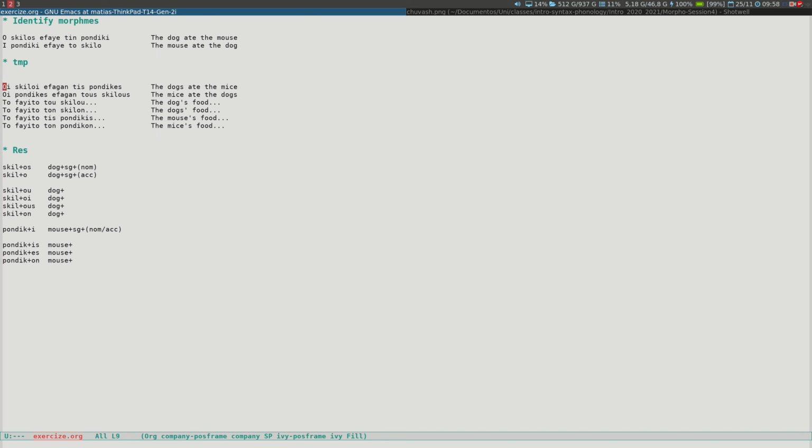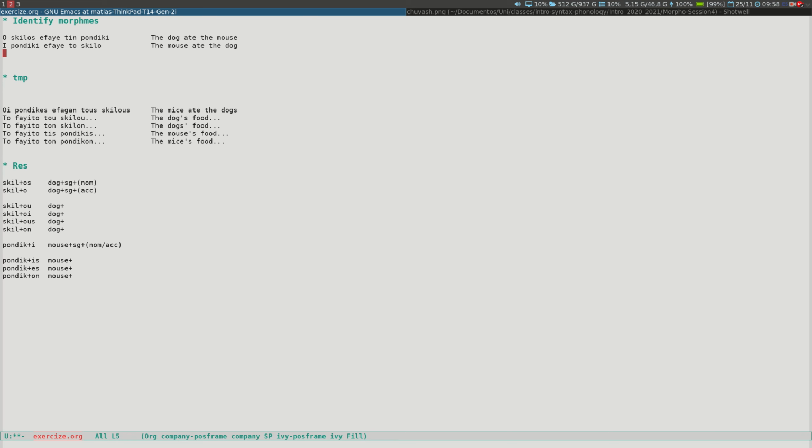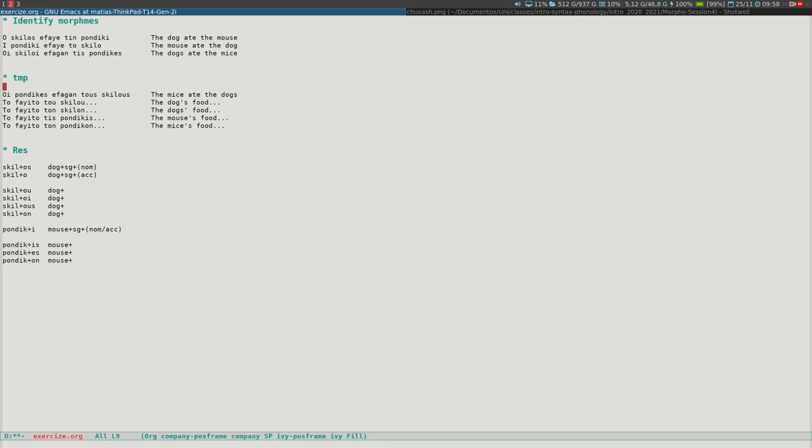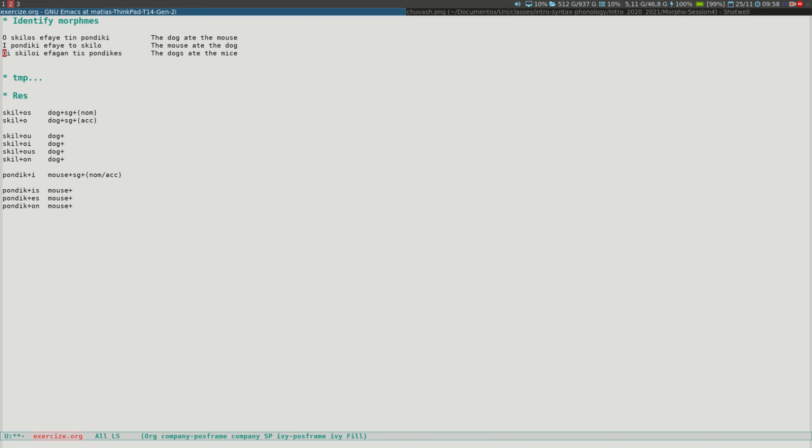Now we can get the next sentence, and now we're getting some additional information. Here we have plurals. And again, we start seeing some interesting similarities. As before, we see an O here, but still the T is there.